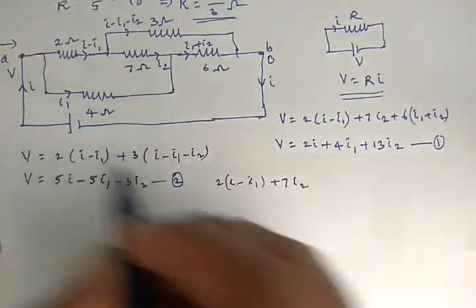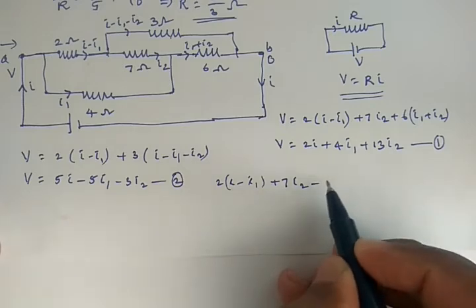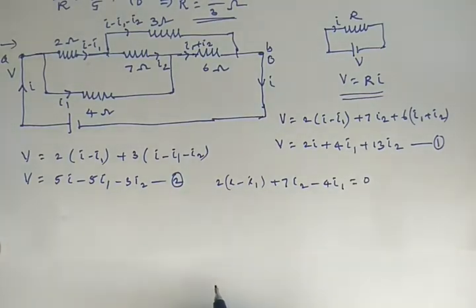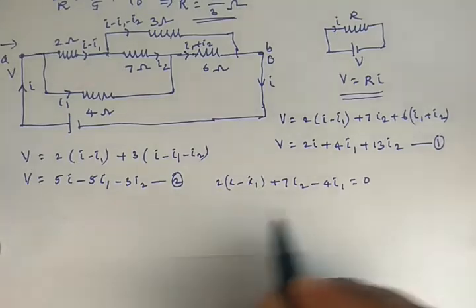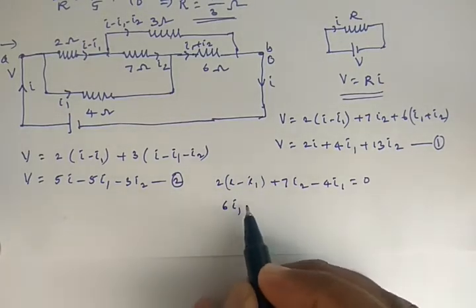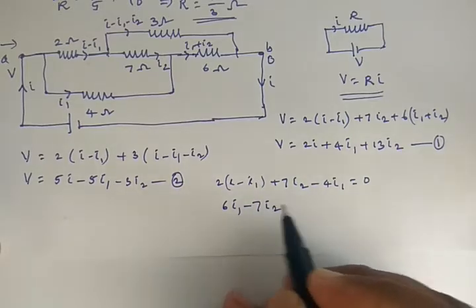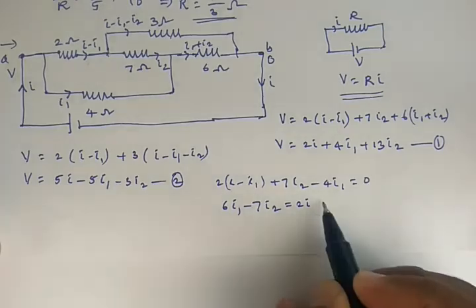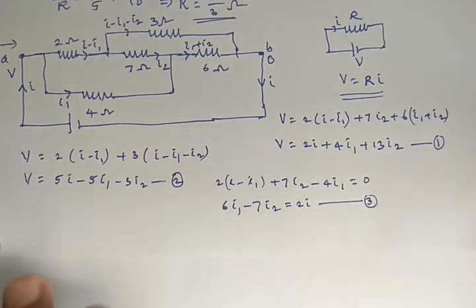Then the voltage across this one is minus 4I1, and the sum must be 0. So this becomes 6I1 minus 7I2 equals 2I. So this is the third equation.